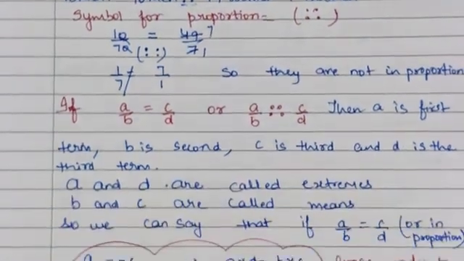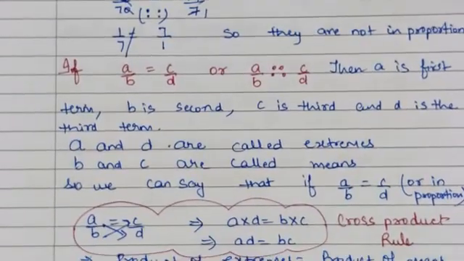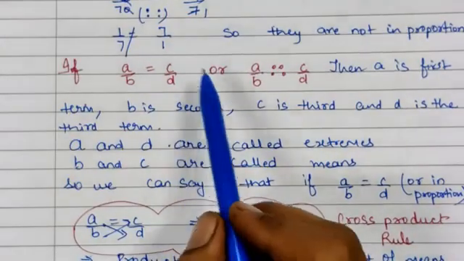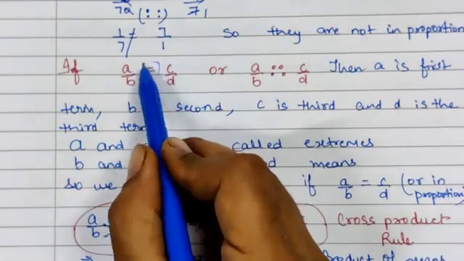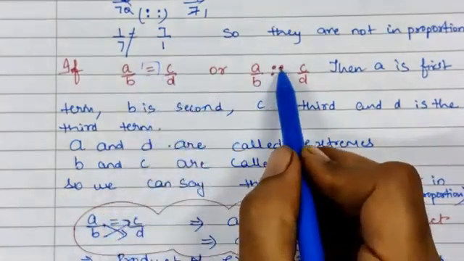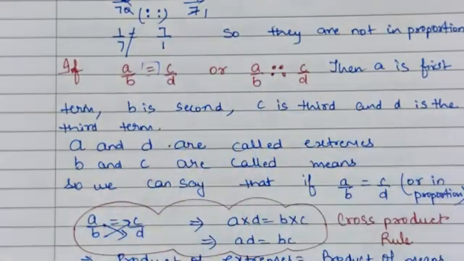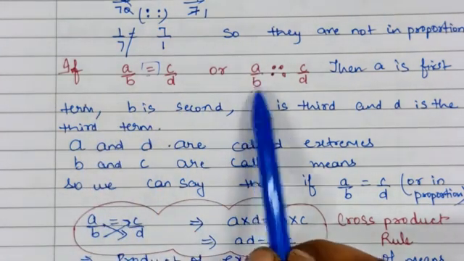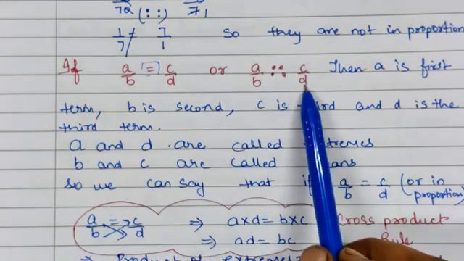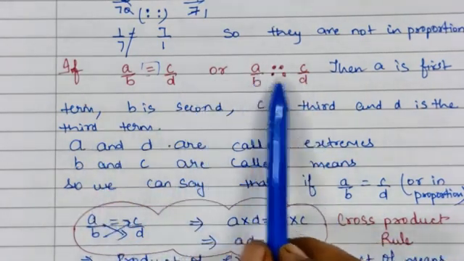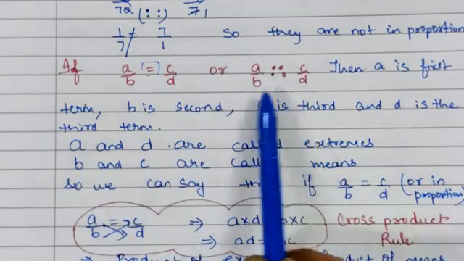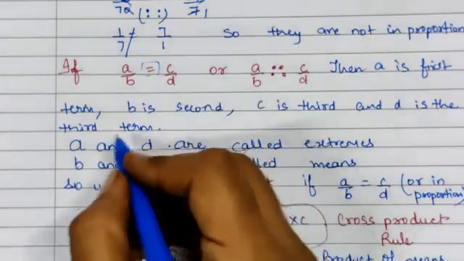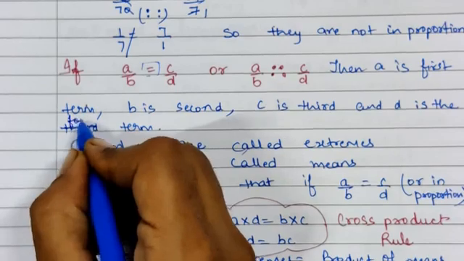Now, if A upon B is equal to C upon D, this equals sign is used as the symbol for proportion. A is the first term, B is the second, C is the third, and D is the fourth term. A and D are extremes, B and C are means. Fine.